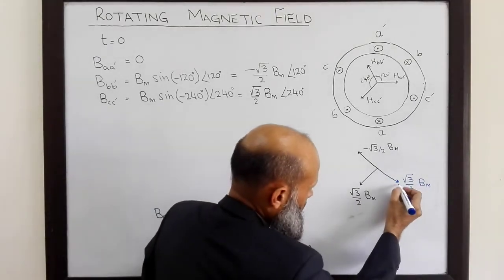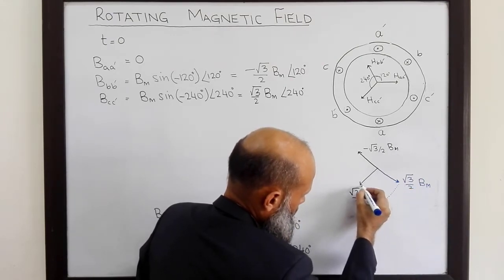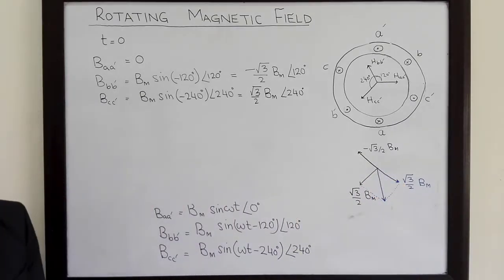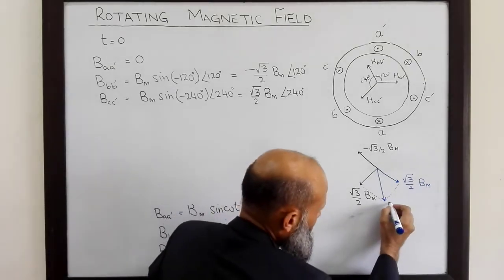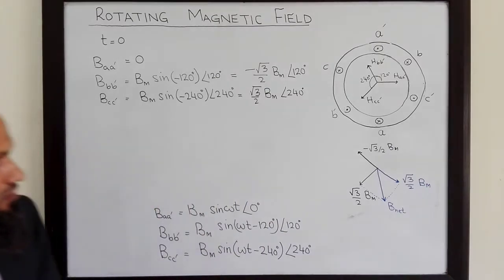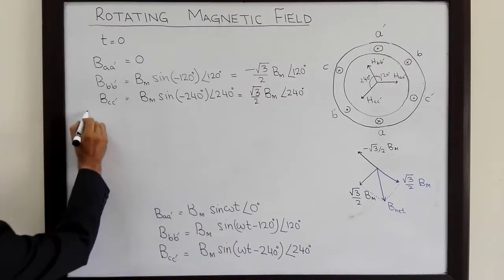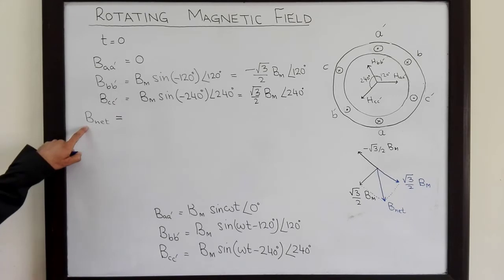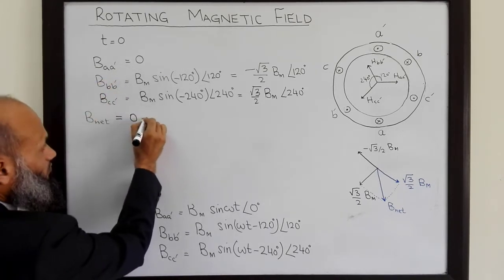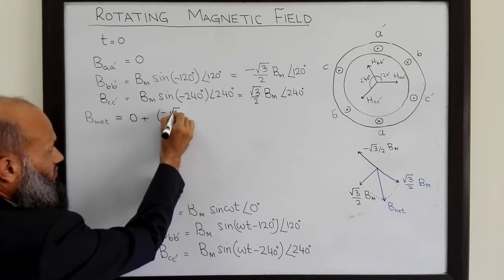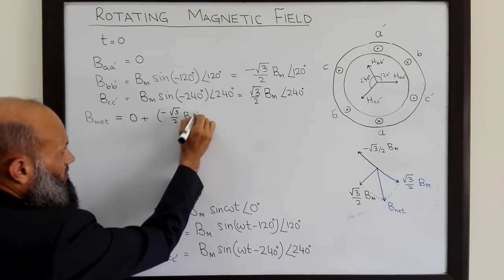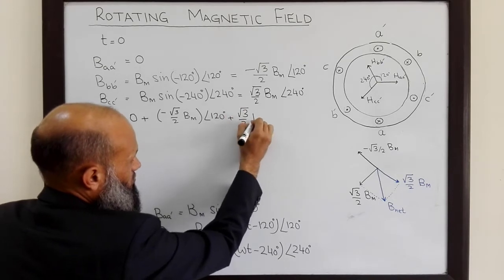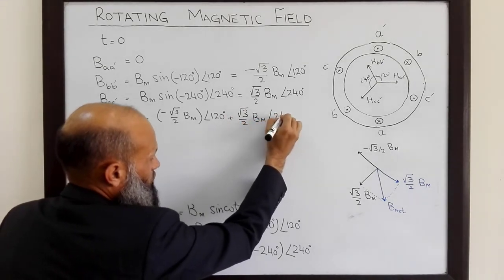For example, if you follow the graphical approach, this is the resultant flux density vector, the net flux density vector, which is equal to B net, the net flux density vector, equal to 0 plus minus square root of 3 by 2 Bm at an angle of 120 degrees plus square root of 3 by 2 Bm at an angle of 240 degrees.